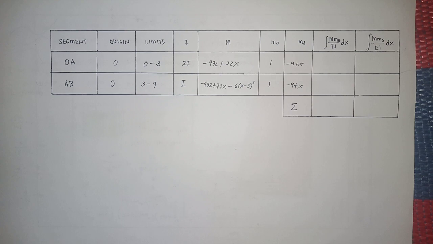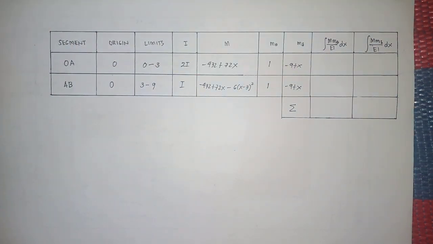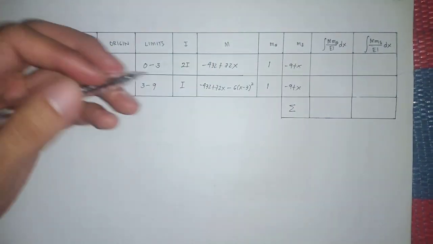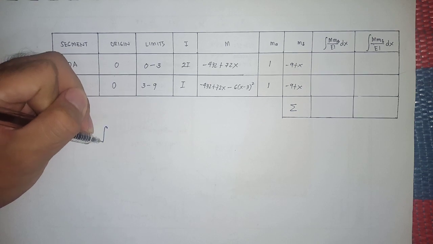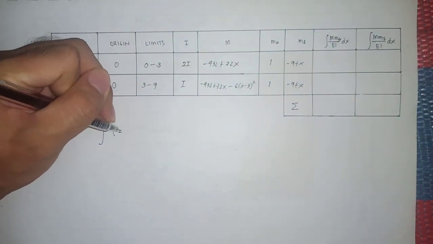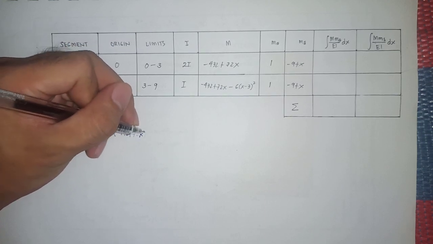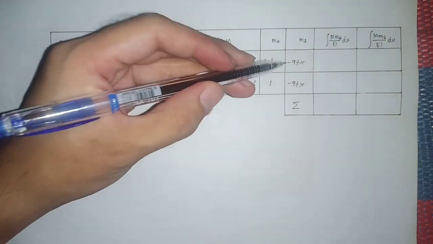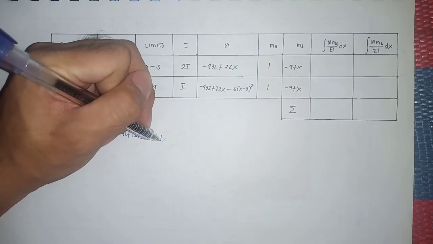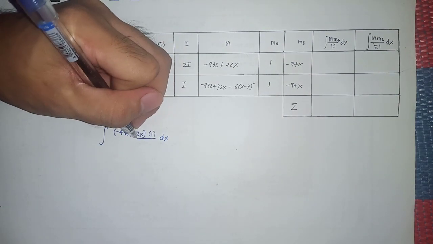Okay, let's focus first dito sa column na to, sa pagkuha ng slope. So, paano natin kukunin yun dito? First portion. So, para dito, i-assemble lang natin, we have what? Integral of what? Capital M, which is negative 432 plus 72x times m sub theta na 1 dx over EI.